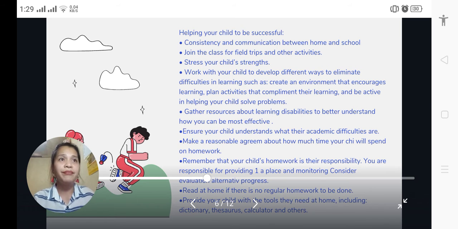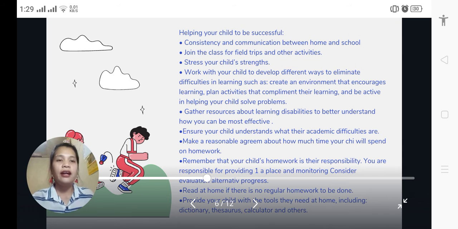Another one is to stress your child's strengths. Take note of the strengths of your child and keep on making progress on them, as well as the difficulties of the child. Another one, work with your child to develop different ways to eliminate difficulties in learning, such as creating an environment that encourages learning, planning activities that complement their learning, and being active in helping your child solve problems.